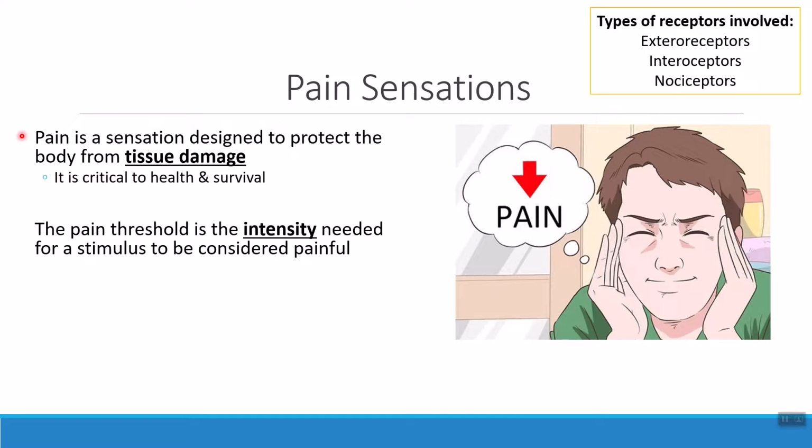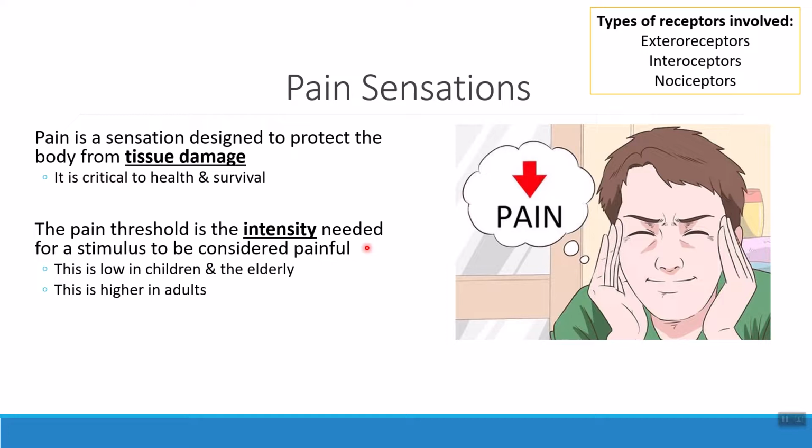There are two factors that go into detecting pain sensations that you need to be familiar with. The first factor is what we call the pain threshold. When we talk about the pain threshold, what we're talking about is the intensity of a stimulus that's needed to activate a nociceptor. Now, the pain threshold will vary throughout your lifetime.